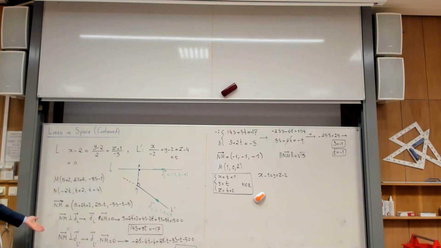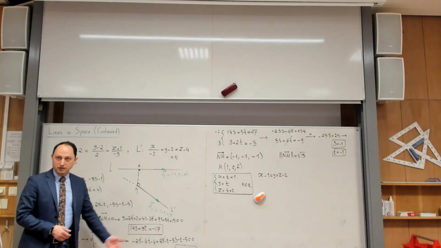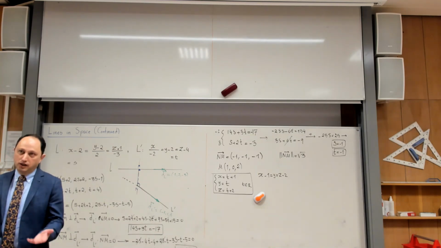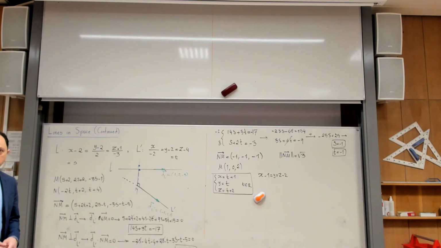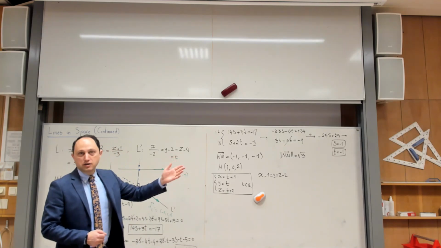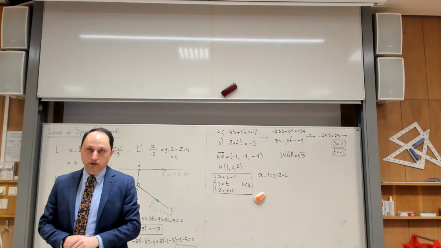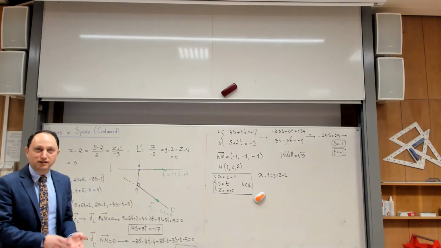Because we were able to show that there is one line, and that's unique because you didn't get two answers for S and T. You got just one answer for S, one answer for T, and you got the answer. So it means not only for this particular problem you showed that such a line exists, but also you showed that such a line is unique. The existence comes from this fact that you were able to find ST, and the uniqueness comes from this fact that you couldn't find any numbers except -1 and -1 for S and T. So for this problem, I can say that I just proved both of them.